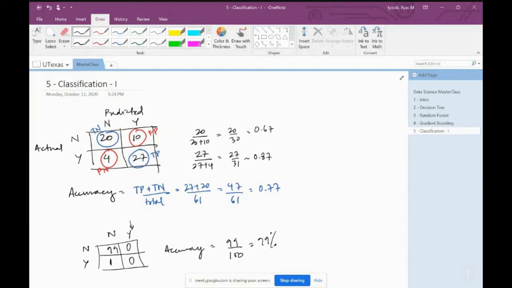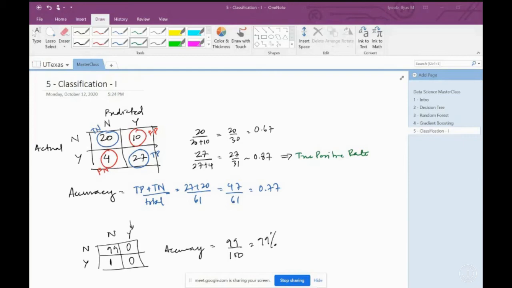So this is what we would call the true positive rate, the proportion of the actual positives that we got right.